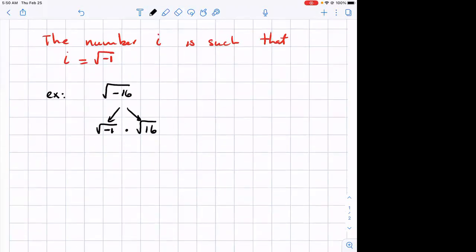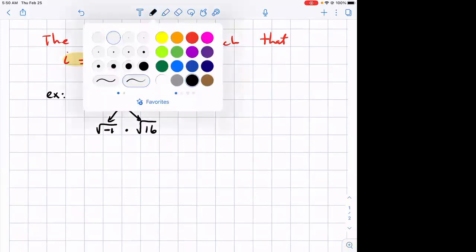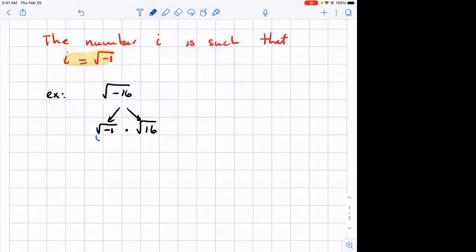I now know that the square root of negative 1 is i, so this becomes i, and the square root of 16 is 4. So we have i times 4. Generally, we always write the coefficient first, just like when you write 2 times x, you don't write x2. So this is equal to 4i.